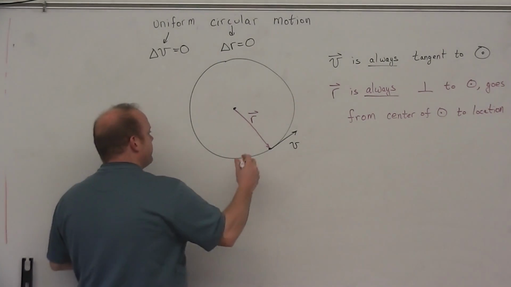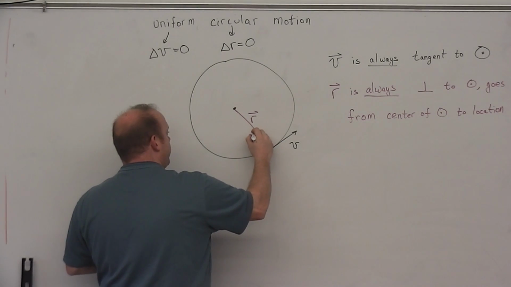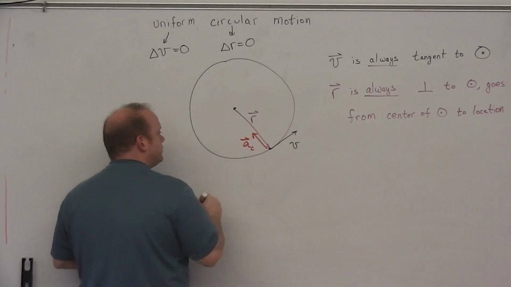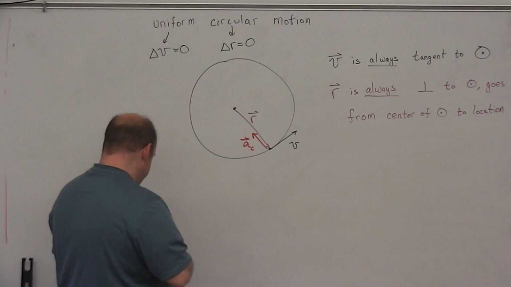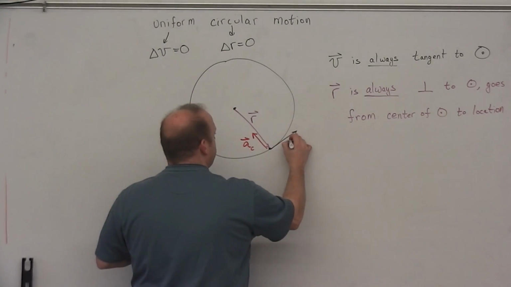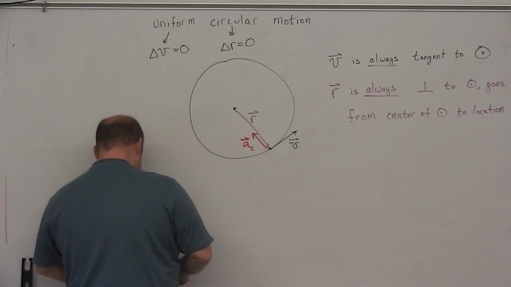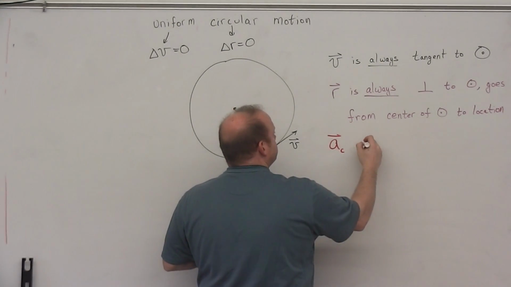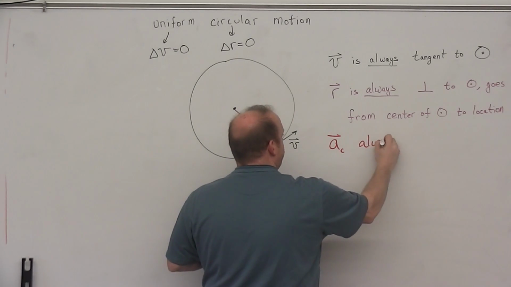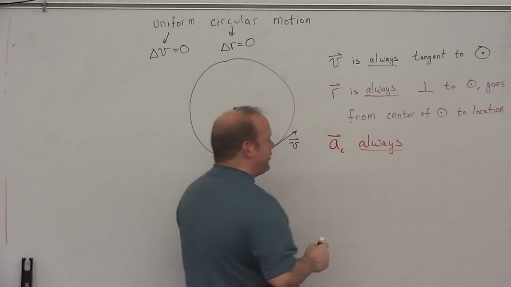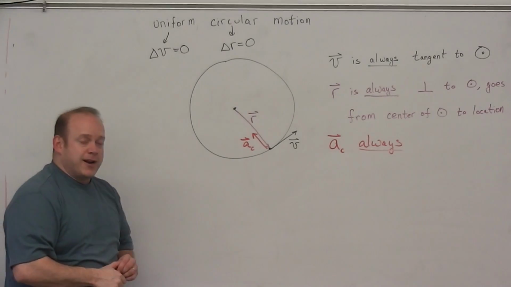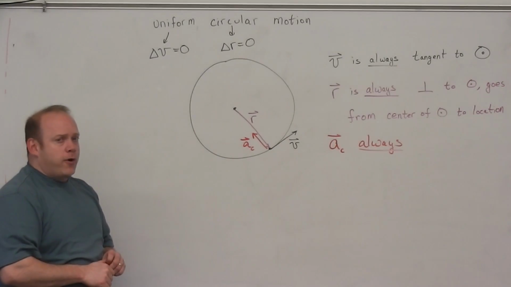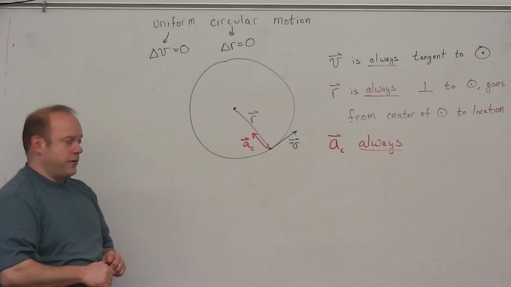And finally, the acceleration. One thing we learned last year is that the centripetal acceleration always points inward. And this is very important, I keep underlining always, because in physics there are a lot of times that always almost never works.